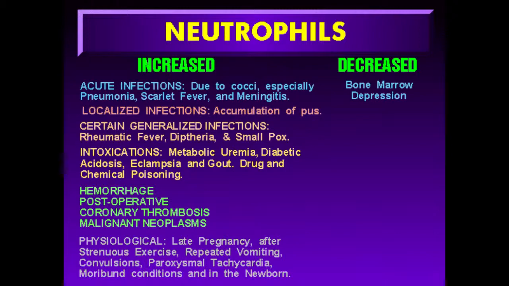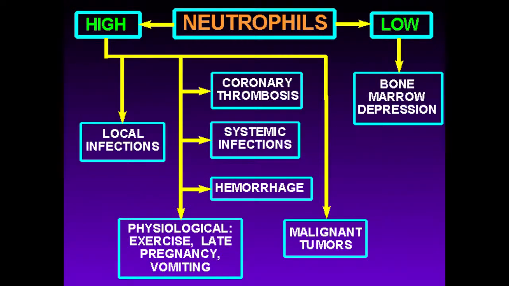infection or AIDS. It's readily apparent that when neutrophils are elevated, an aggressive clinical investigation must be instituted to identify the source of the increased cells. Look for a local or systemic infection, malignant disease, and coronary thrombosis.